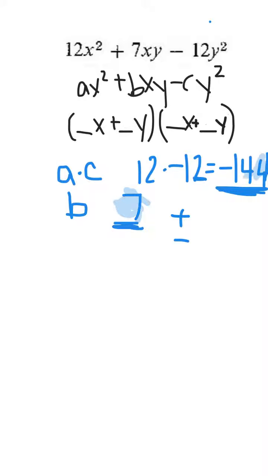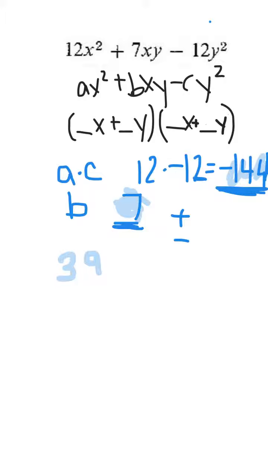And 144 has a ton of even factors, so that makes the choosing easier because there are only so many odd ones. So possible odd factors of 144 would be 3, 9.